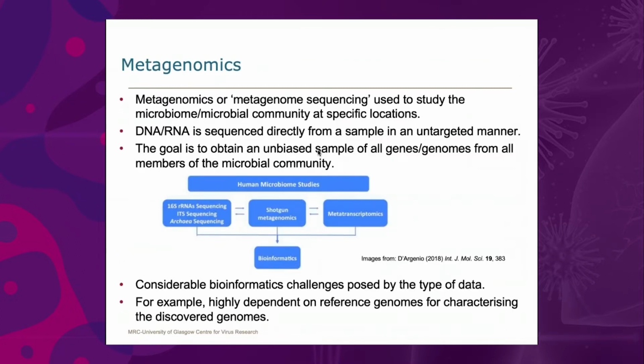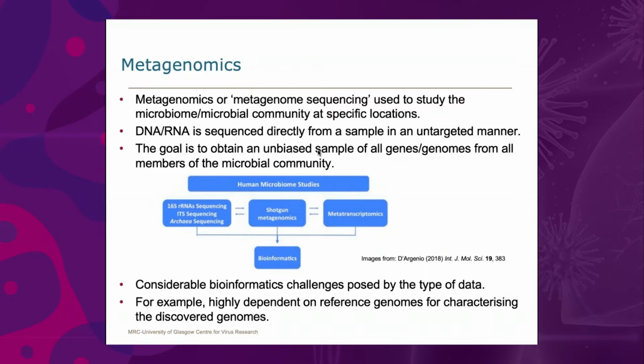Metagenomics is the study of the genetic material in the microbiome. You're looking at metagenome sequencing to characterize all the microorganisms in a specific location, usually done directly from a sample in an untargeted manner.